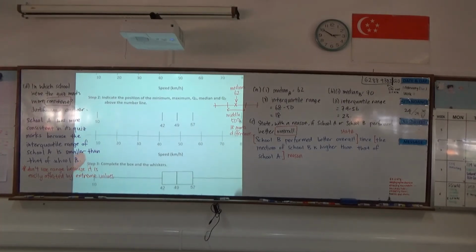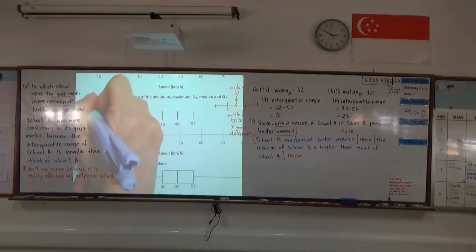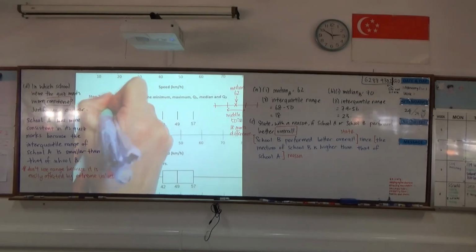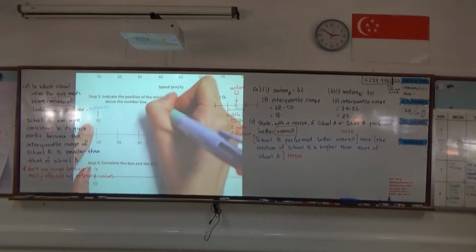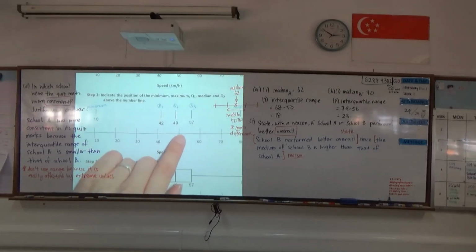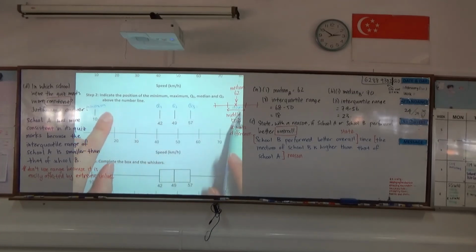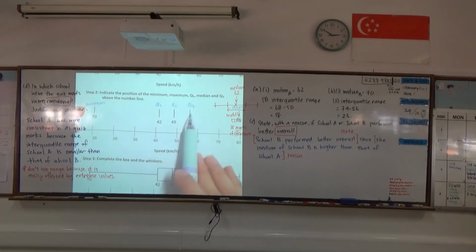Step 2, we indicate the position of all the 5 data. So this is the minimum value, the maximum, Q1, Q2, and Q3. You need not label minimum, maximum, Q1, Q2, Q3, but you need to draw out those lines.